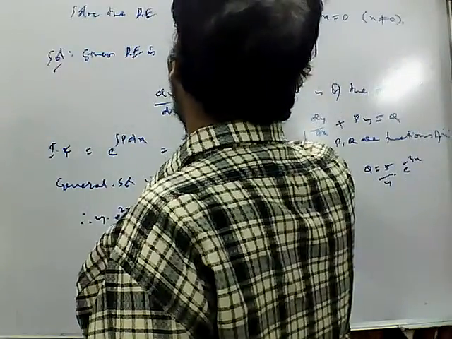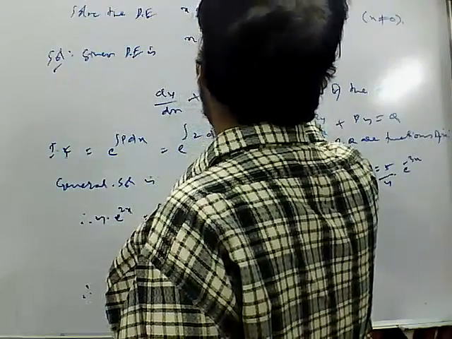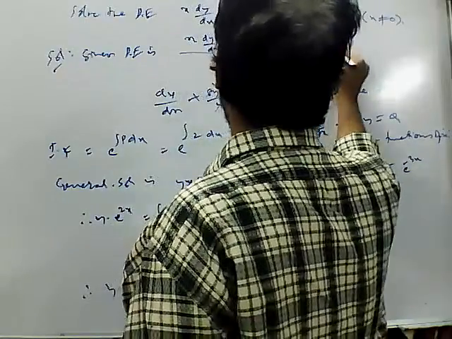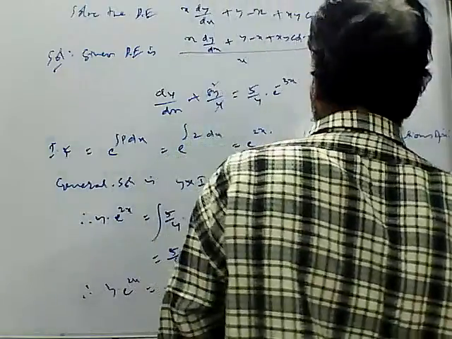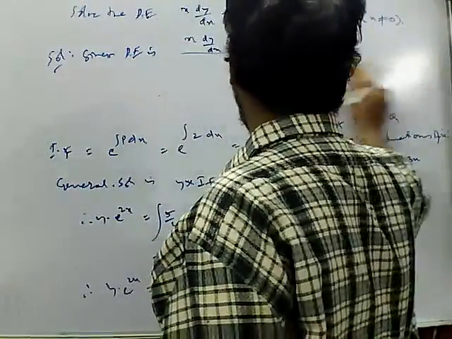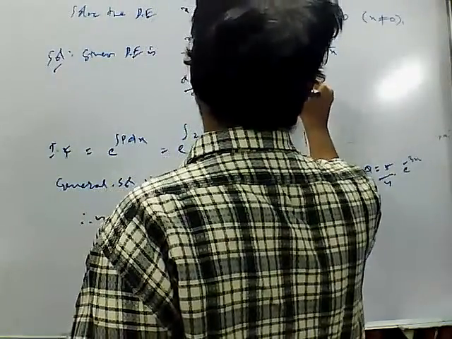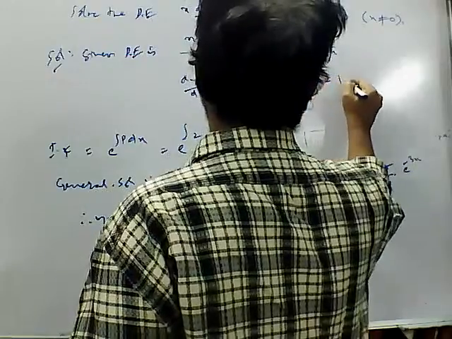Dividing by x on both sides: dy/dx + y/x - 1 + y cot x = 0.